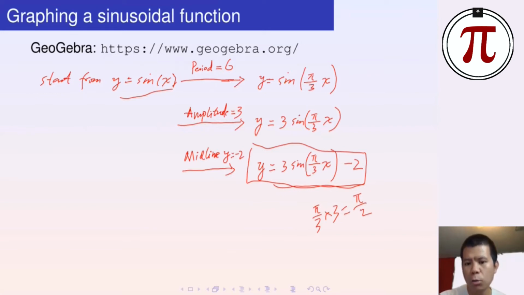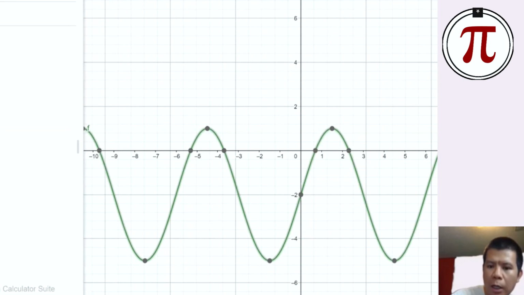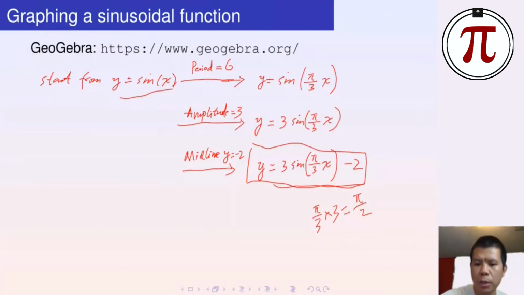So that is the point where y equals 1. Let me just show you. At this point, y equals 1, the largest value of the function. So that's going to be the largest point.